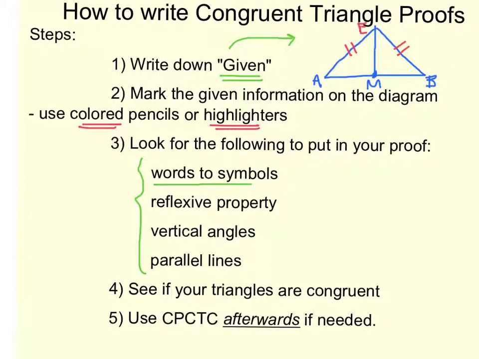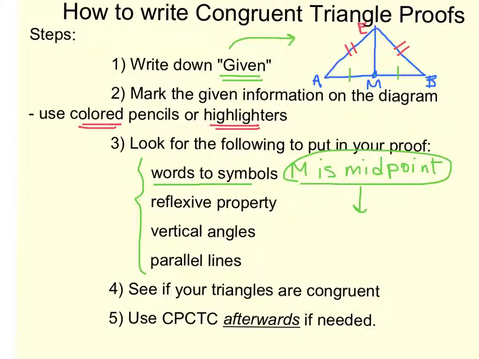First thing to look for: in the given, sometimes there will be words. For example, they might say M is the midpoint of AB. These words need to be converted to symbols. So if I see up here in my diagram that M is the midpoint of AB, that tells me AM is congruent to MB.